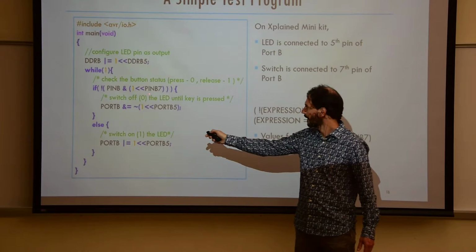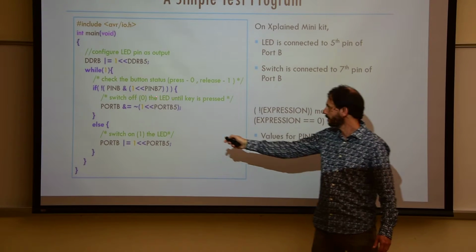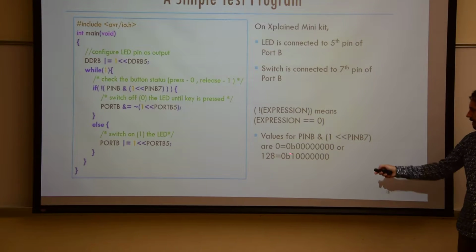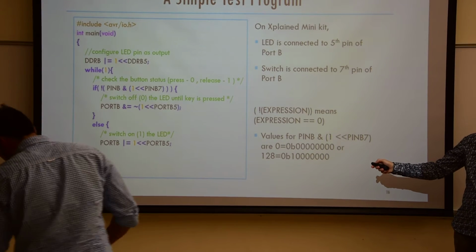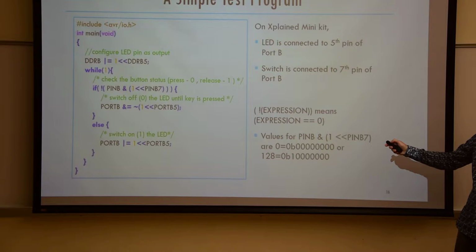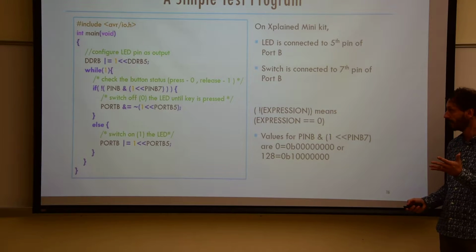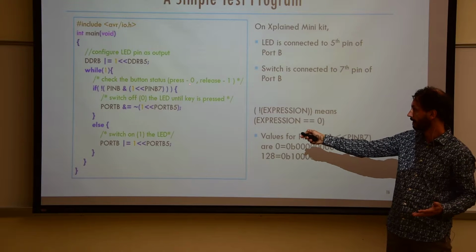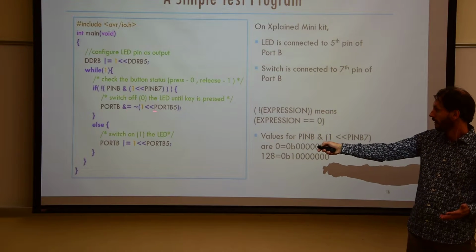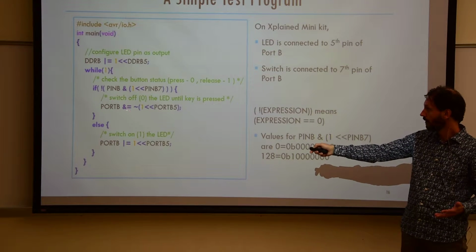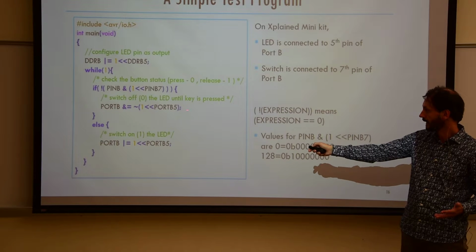Now let's have a look. So if this actually holds, then what that means is that that 7th bit is equal to 0. That in turn means that the input from the switch that I receive is a 0, that means that it is pressed. Then what am I doing? I'm going to do this particular thing over here.